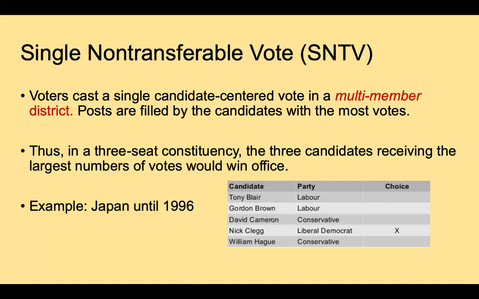And for example, in Japan until 1996, if you went to the polls, you had a single vote, but multi-member districts meant that each district elected multiple candidates. And so the top vote getters would get seats in those districts.